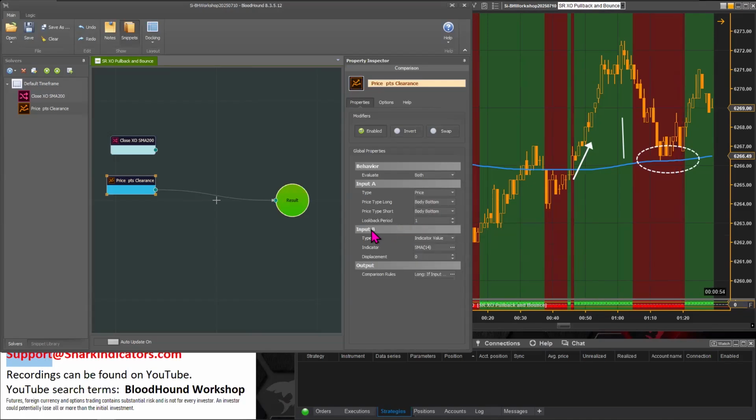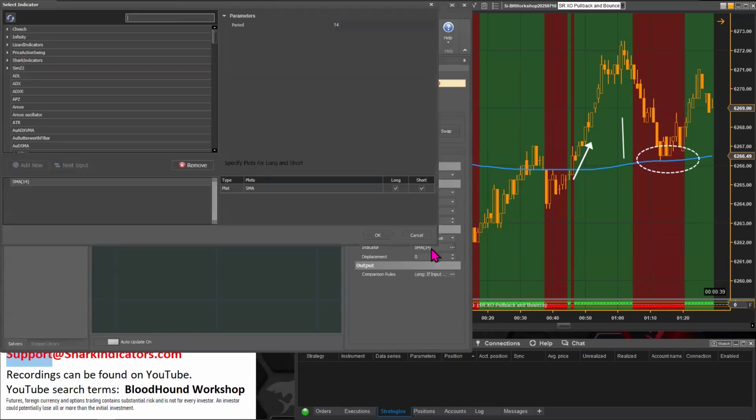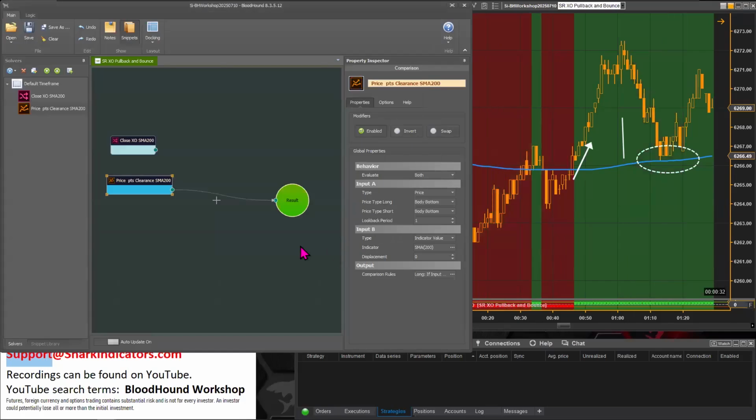All right, and then input B is, I guess I'll put this in the name here, SMA 200. Let's open this up, and all I have to do is change my period like so. There we go.